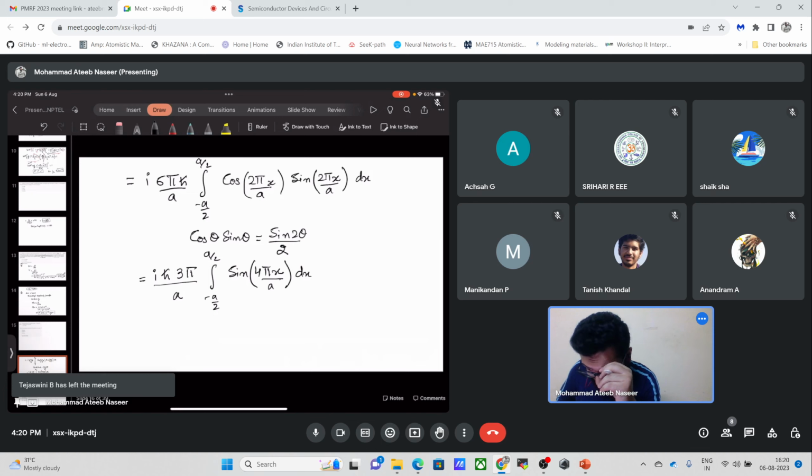Now let us use some interesting property of this sine function.